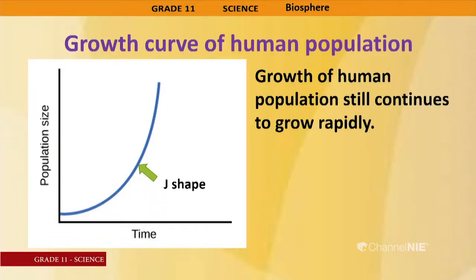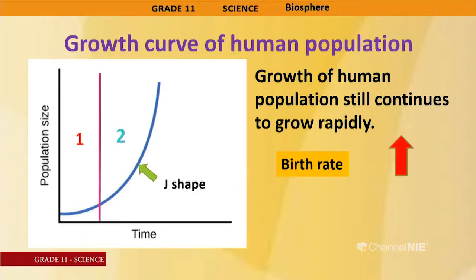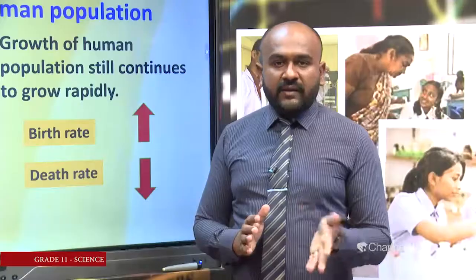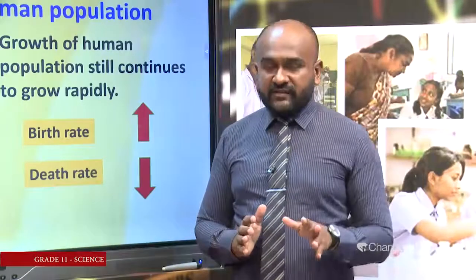Meanwhile, you can see that it takes a J shape, which is different from the growth curve of a typical population. Yeah. So, you can see the birth rate keeps on increasing in the human population growth curve, and the death rate keeps on decreasing. Now, as I told you, I want you to think of the reasons why the birth rate keeps on increasing and the death rate has decreased.